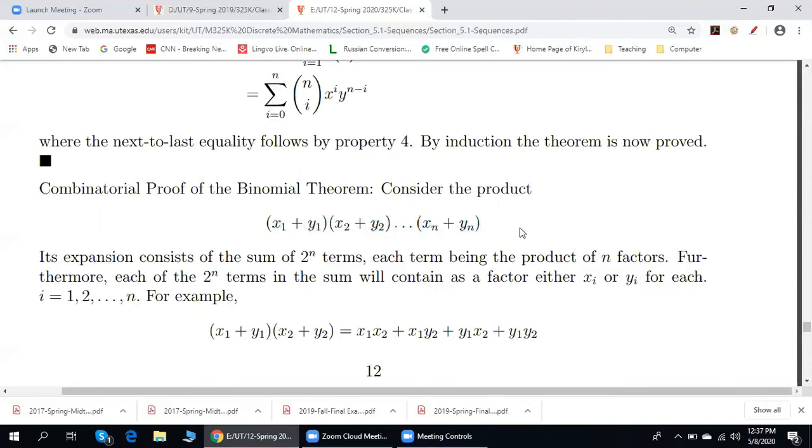But in how many ways can we choose k different x's out of n available x's, or equivalently n minus k y's out of n available y's? In n choose k ways, or equivalently in n choose n minus k ways.